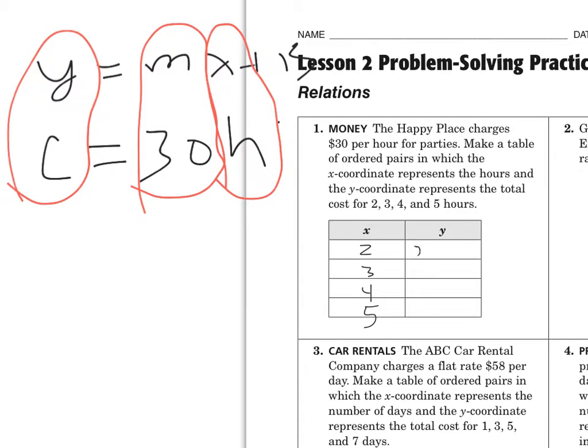So the y value is 2 times 30, or $60. And then it's 3 times 30. For 3 hours of rental, you'll pay $90. For 4 hours, you'll pay $120. And for 5 hours, you'll pay $150.